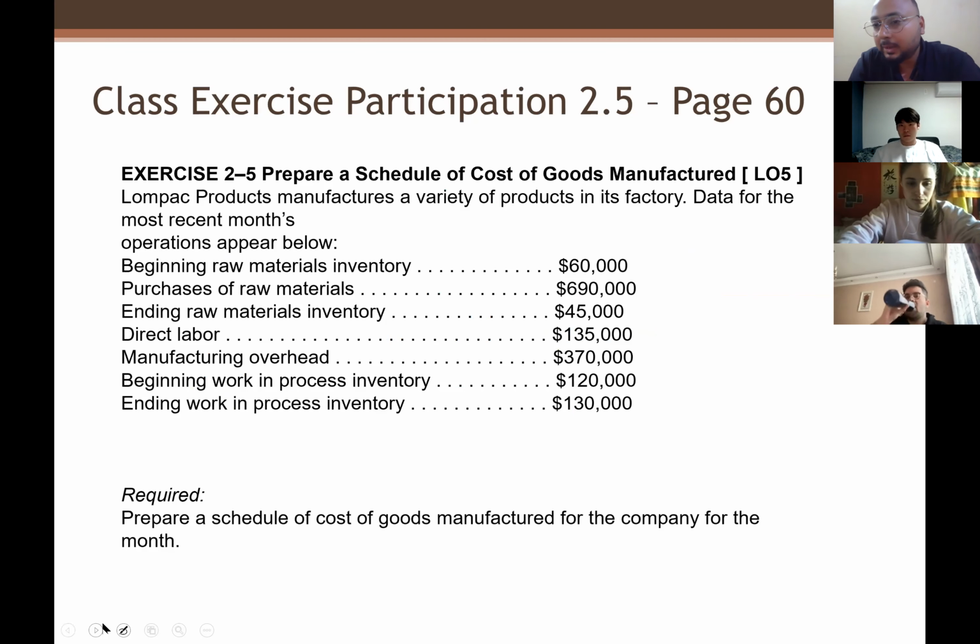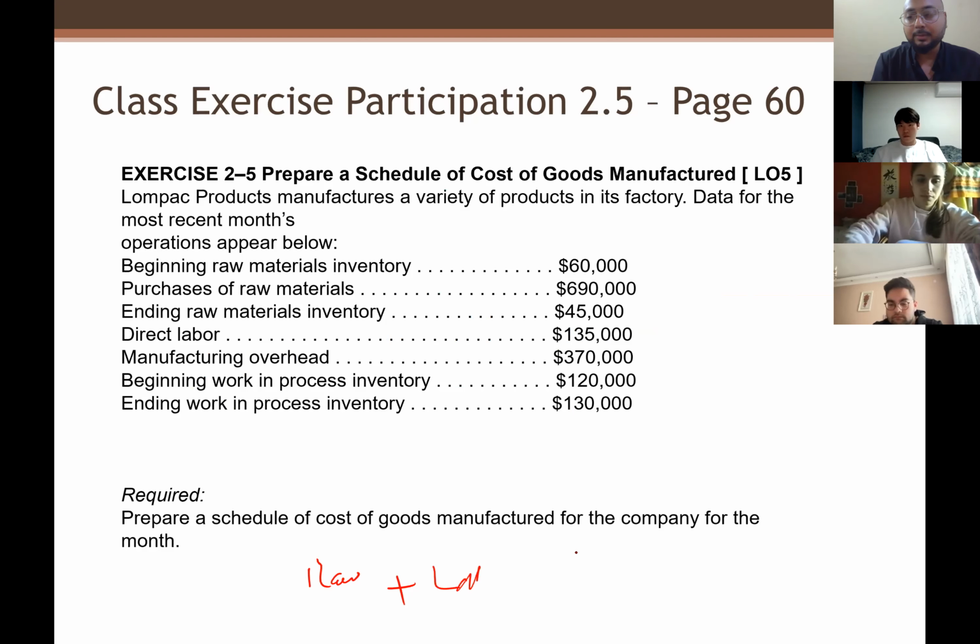So first of all, we have raw material, plus we convert it with labor, plus finished goods. This is the process to convert raw material into finished goods, right?